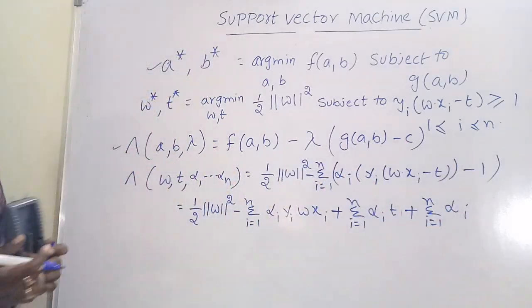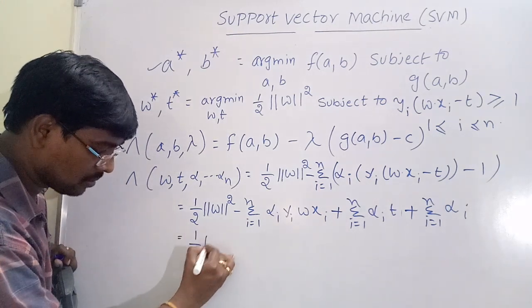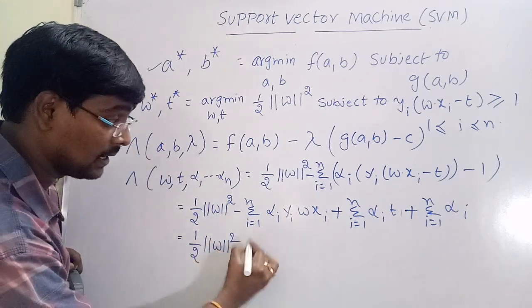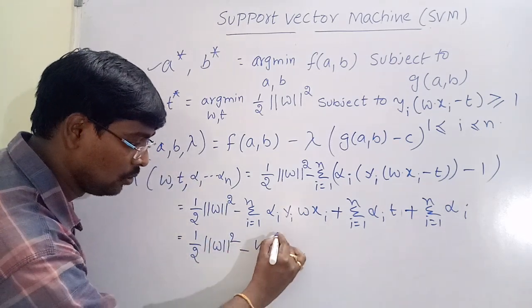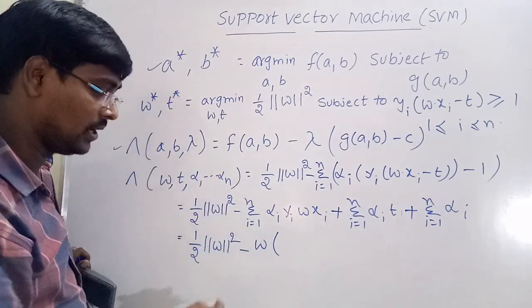So 1 by 2 mod w square minus w into sigma I equals 1 to n alpha I yi xi. I am representing my expression in terms of w and t.